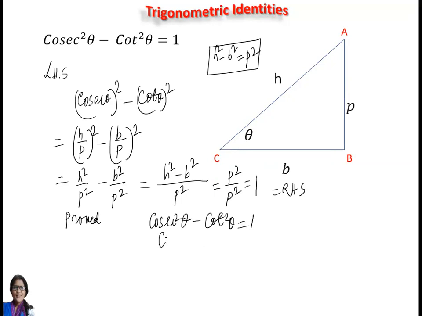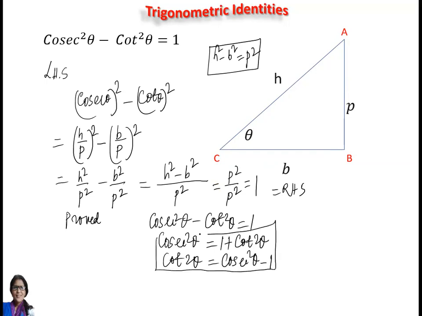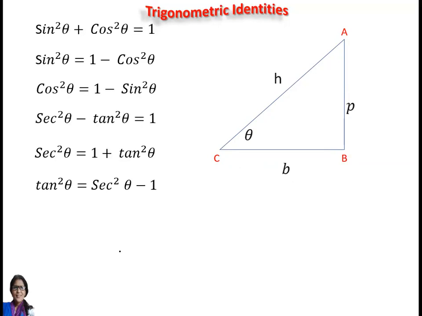So if I separate cosec square theta, I'll get 1 plus cot square theta. If you want cot square theta, I'll take it to the right side, then it will be cosec square theta minus 1. So we are getting two more relations from it. So we had learned 6.